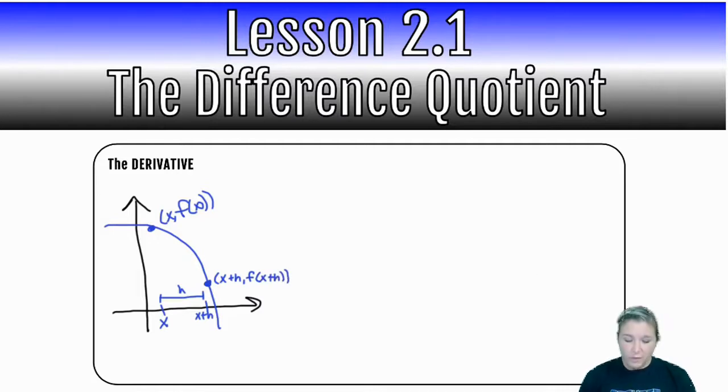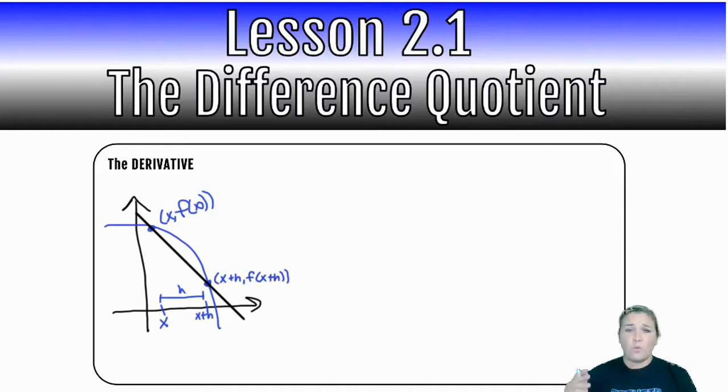The derivative is the slope of the tangent line. Let's look at the secant line right here, going from x to x plus h.